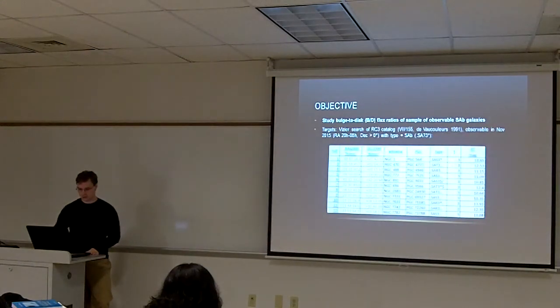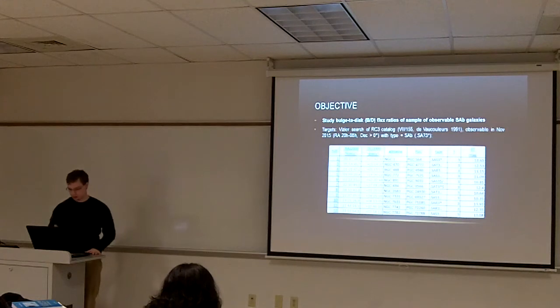As I said, my objective is to study bulge-to-disk flux ratios. I picked my targets from the RC3 catalog using Vizier, and had certain constraints to make sure I could see them from my observatory at home, at the right times, and that fit the parameters.